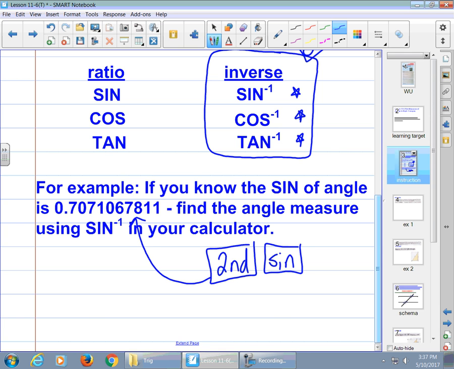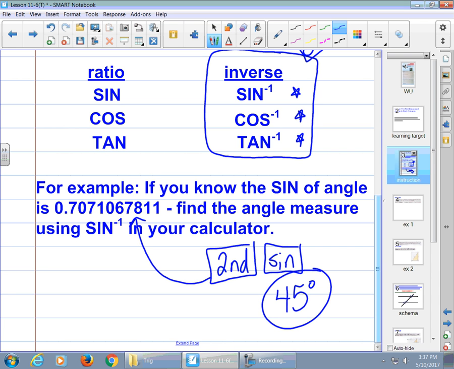Okay, now this one, let me grab a calculator here because I did not do this one on my paper yet. You guys are probably already done with this. So we do second sine 0.707106781 equals approximately 44.9. So I'm going to say that that's about a 45-degree angle.